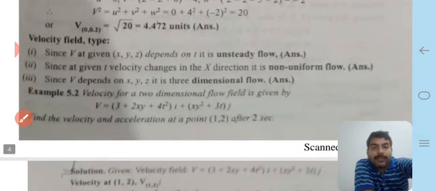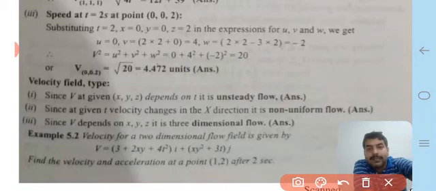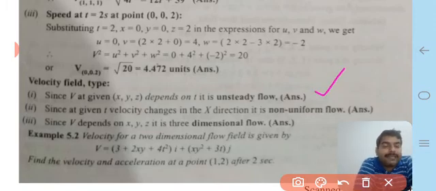Now the question asks about the velocity field type. First, since V at a given x, y, z depends on t, it is unsteady flow.